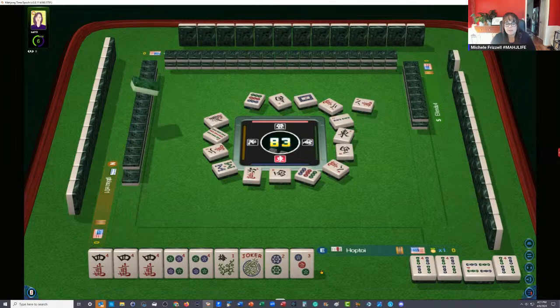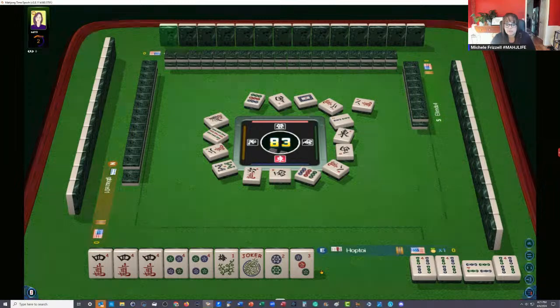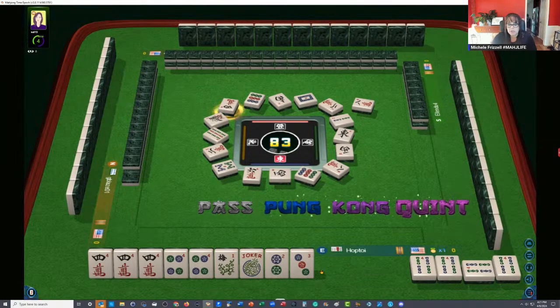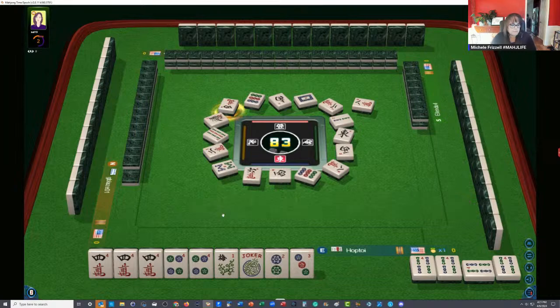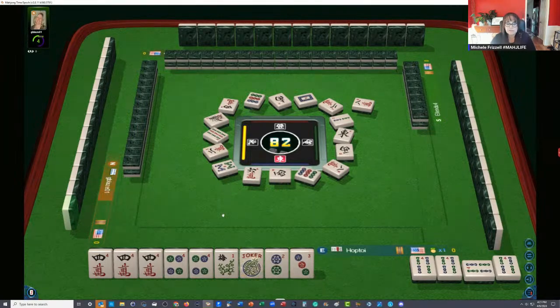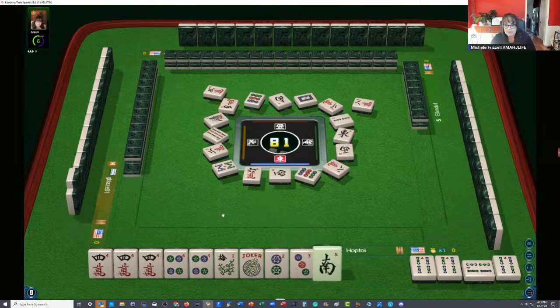But in my years of playing, I've never seen a chow on the card. So this is the first time there's a chow on the card. Okay, we're good there. It is a concealed chow, though. You can't call it because it's got singles in it. But technically, it is a chow. It's 3 tiles in a sequence.